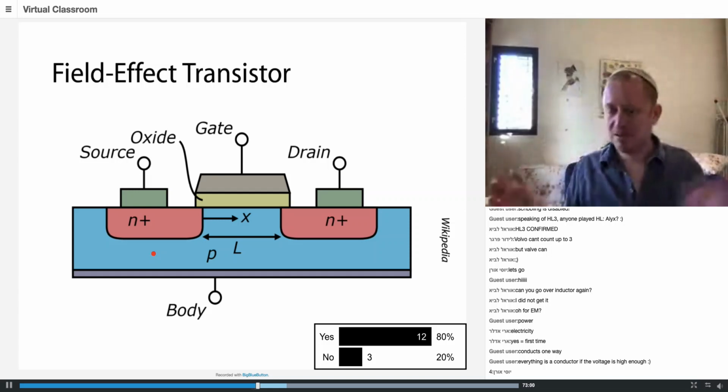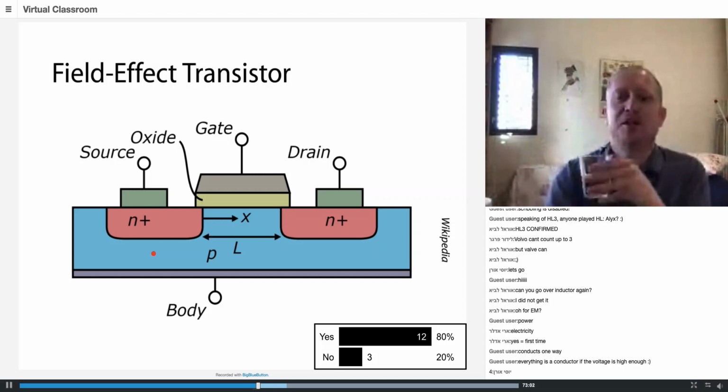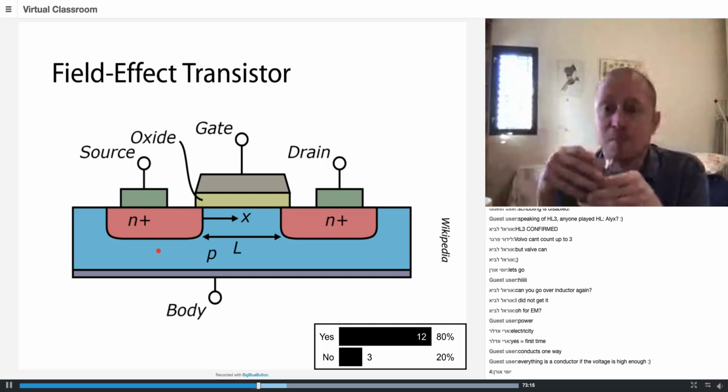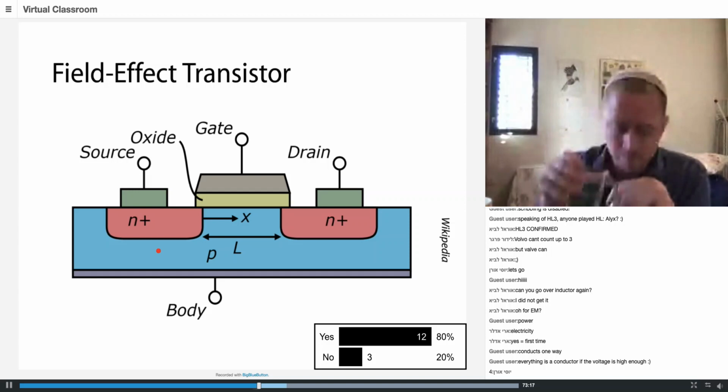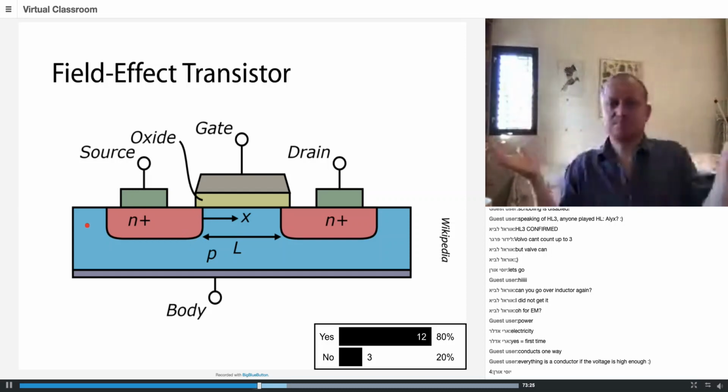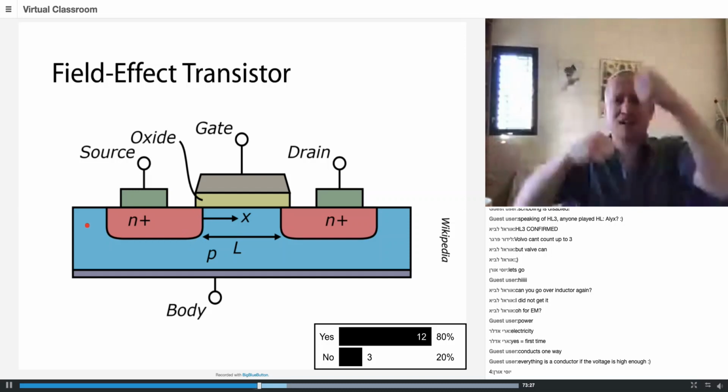Great. What happens now? As soon as I put these things together, as soon as they bond, the spare electrons from here are going to run away to the other material and fill the holes there. So there's going to be a boundary layer between these two materials where there is strong silicon.